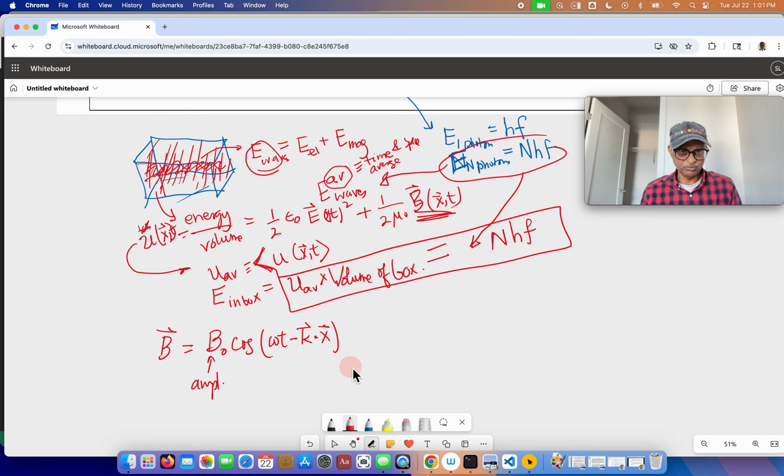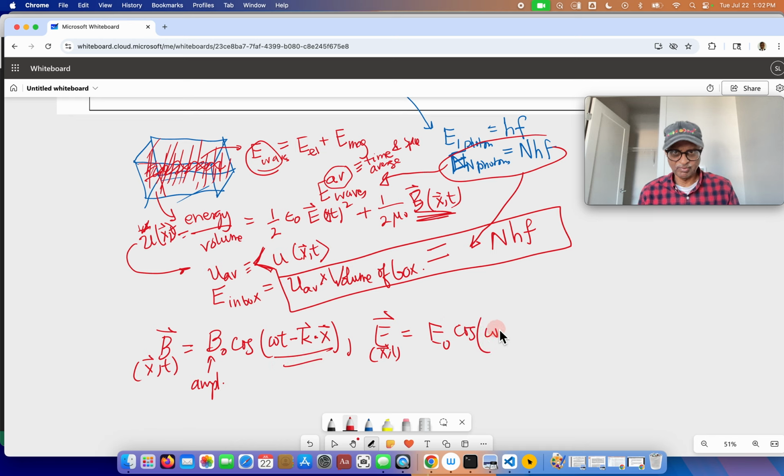This is one way to represent the magnetic field. You can do the electric field wave the same way. So the electric field will be a function of x and t, and it will be E0 times the cosine, in phase, with the same phase constant.